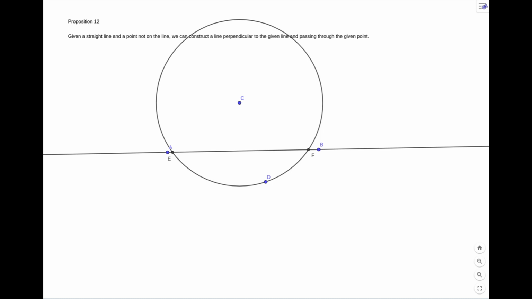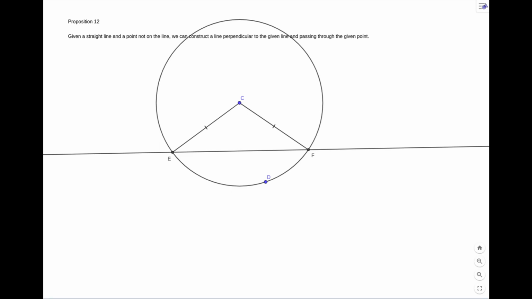Now for this particular proof, we don't really need points A and B anymore, so let's take those out so that they're not cluttering things up. But from our circle C, we can see that we've got a line segment from C to E and a line segment from C to F. And because E and F are on the circle centered at C, our line segment EC is congruent to our line segment CF.